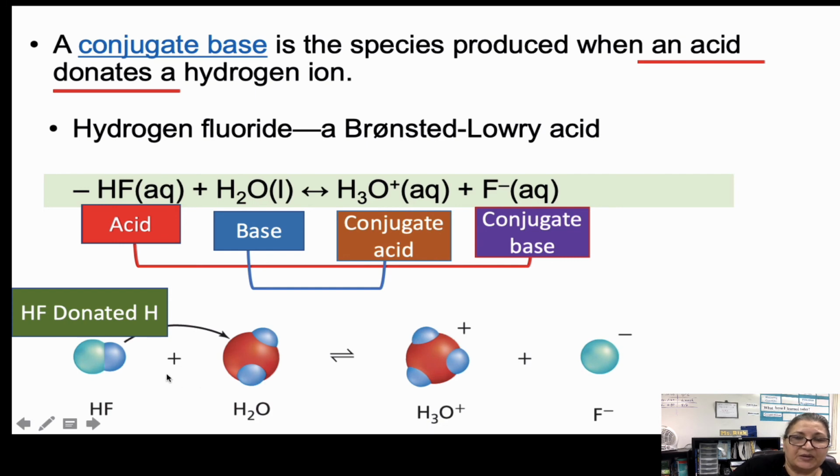And if you just want to look at the models, hydrogen fluoride donates a hydrogen. Once it donates, it's an acid, and the one that accepts is the base. And whatever is left of the HF after it donates, that's my conjugate base, and whatever the H3O would be my conjugate acid.